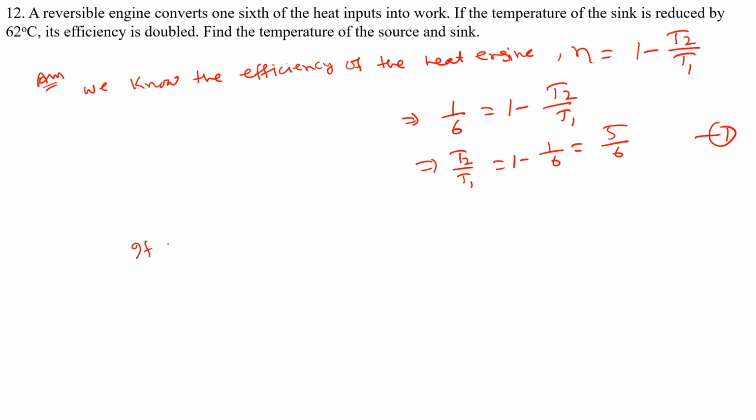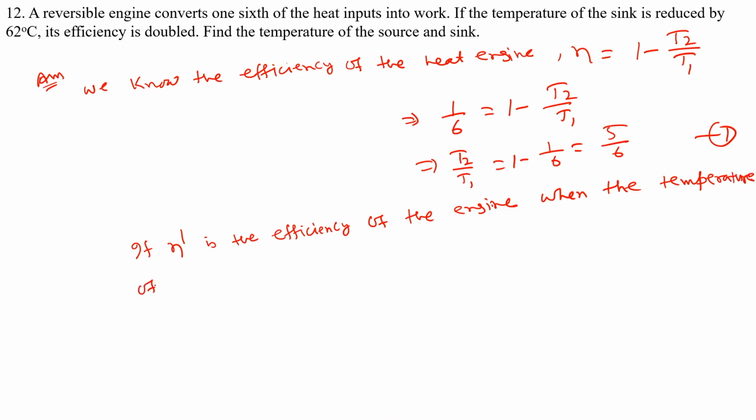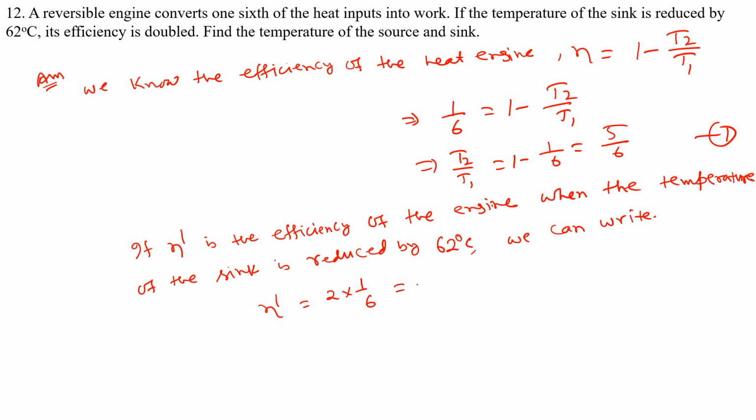Now, if eta prime is the efficiency of the engine when the temperature of the sink is reduced by 62 degrees Celsius, we can write eta prime is 2 times 1 by 6, so we get 1 minus (T2 minus 62) by T1.